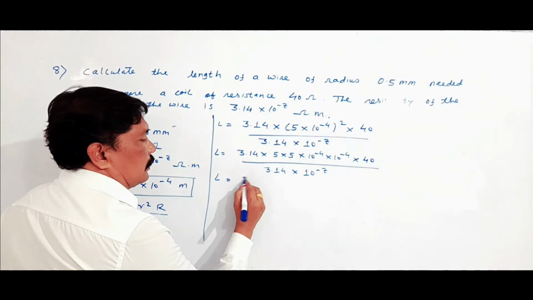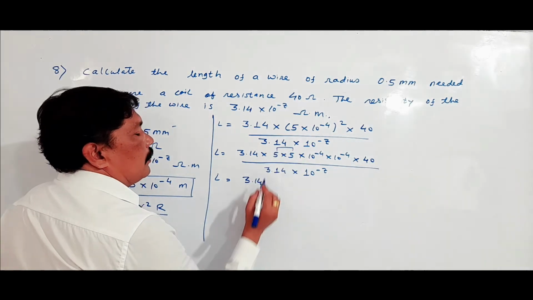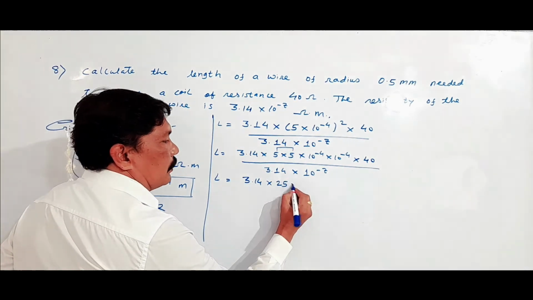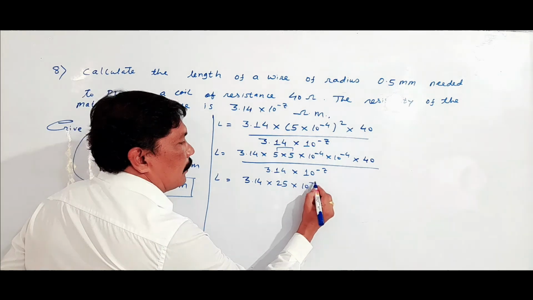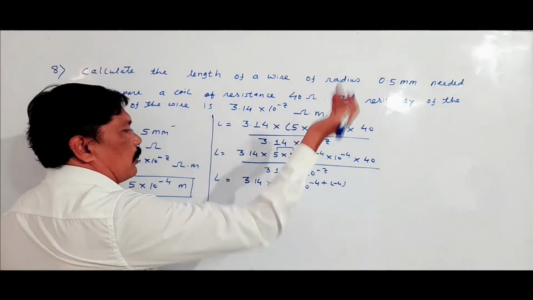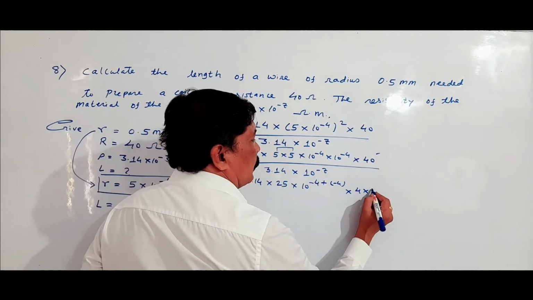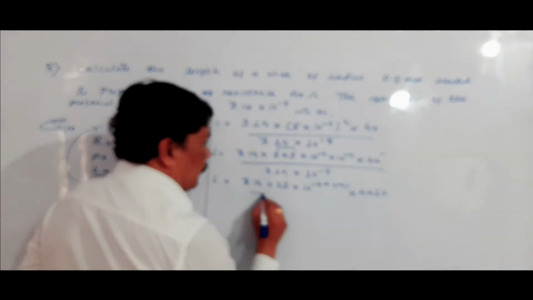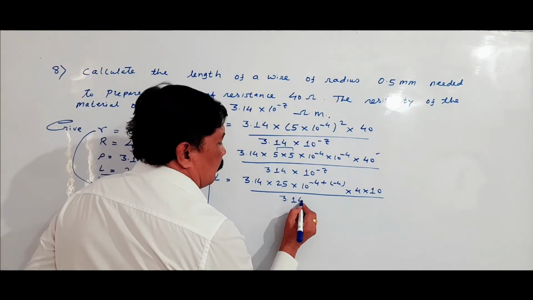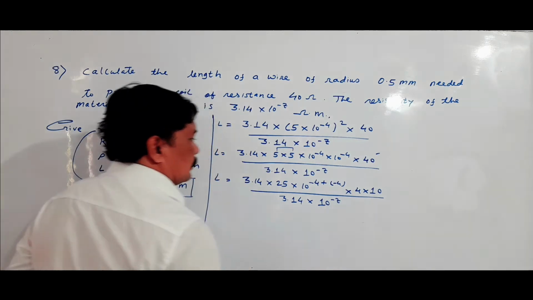L is equal to 3.14 into 5 5 are 25 into 10 to the power minus 4 plus minus 4. Same base, power we have to add. Into, we will convert this 40 into 4 into 10, divided by 3.14 into 10 to the power minus 7.